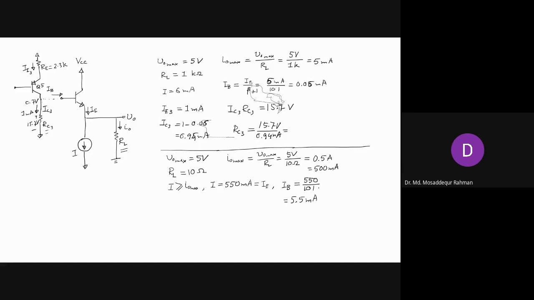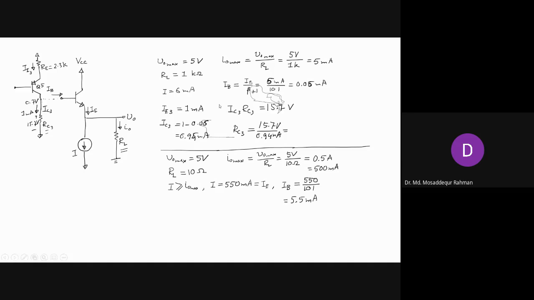See the problem here? So the base current is much higher. Right.